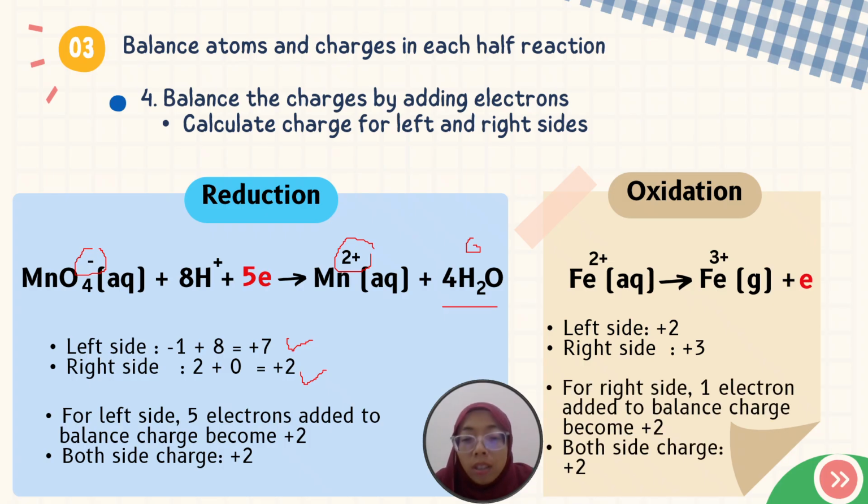So now both half reactions have been balanced for the charge. The reduction has plus 2 on both sides, and for the oxidation, both sides are plus 2.